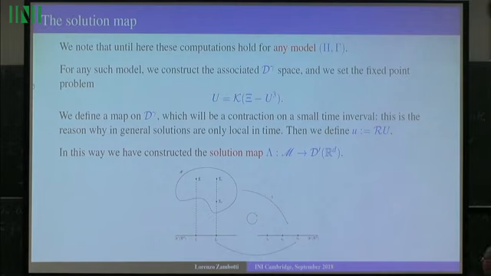Okay. So in my original picture, this is the way you construct this map, this arrow, lambda. So you have any model, you construct the associated d gamma space, you set a fixed point problem, you solve it, and then you reconstruct.